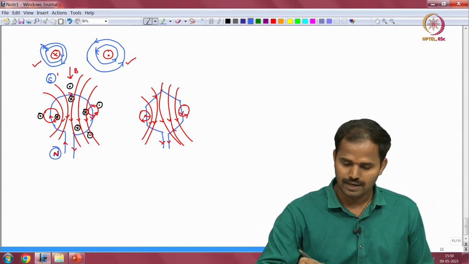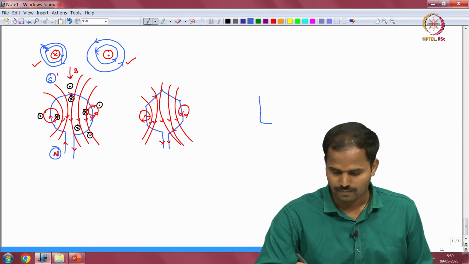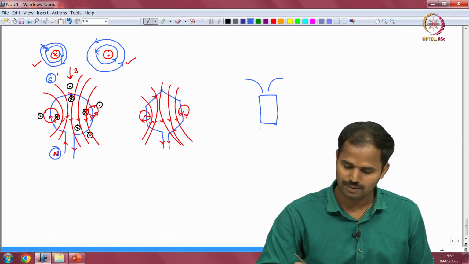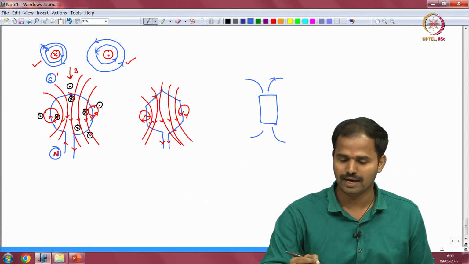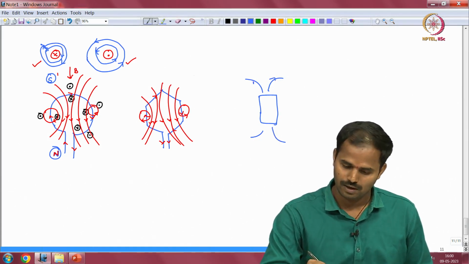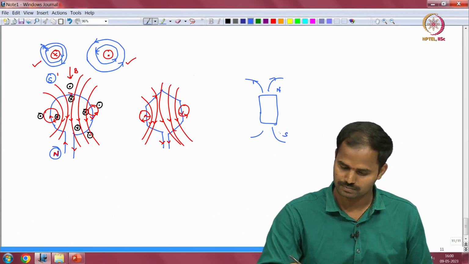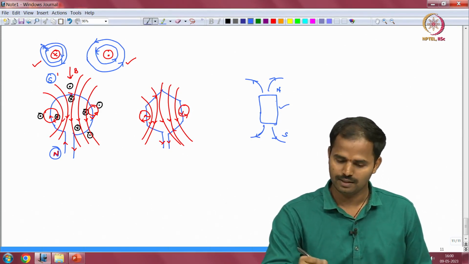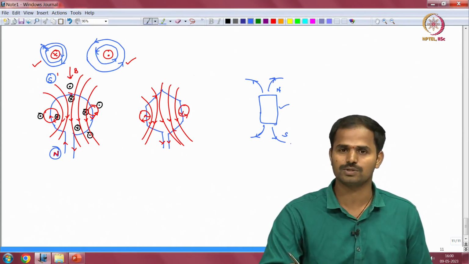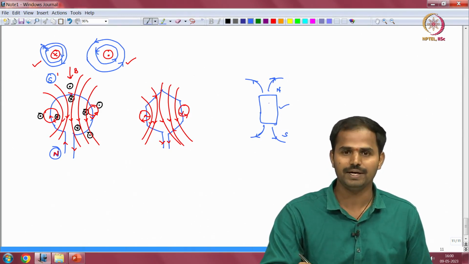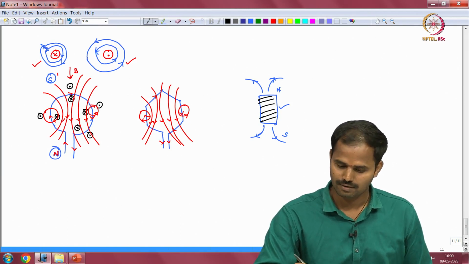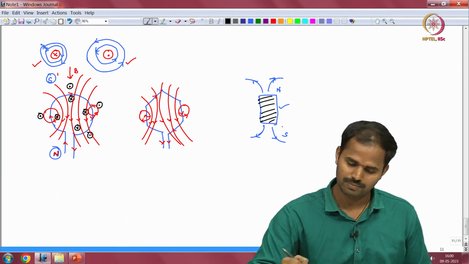Generally in a medium, if I consider outside the system, the magnetic flux lines will flow north to south. Whether this is a permanent magnet or any coil, the flux lines will flow from north to south. Inside the medium, inside this black box, flux lines are flowing from south to north.